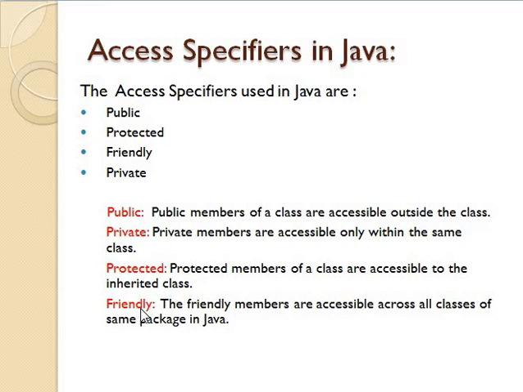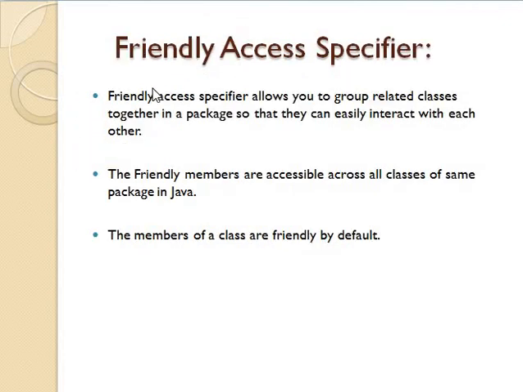Under the friendly access specifier mode, the members which have been declared as friendly shall be accessible across all the classes of the same package in Java. So the friendly access specifier allows you to group related classes together in a package so that they can easily interact with each other. The friendly members are accessible across all classes of the same package in Java.